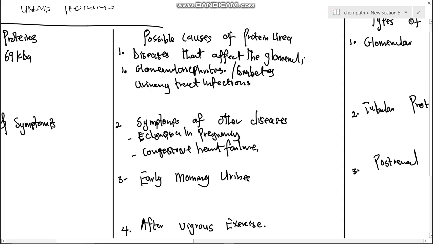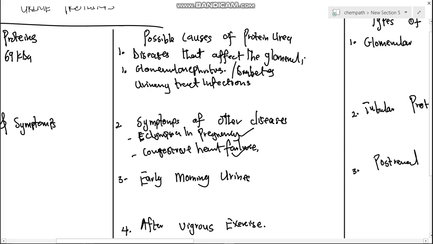And when there is a urinary tract infection, that can also cause that. And we have symptoms of other diseases such as eclampsia in pregnancy and congestive heart failure. So these are the pathological ways that we can have protein in the urine.